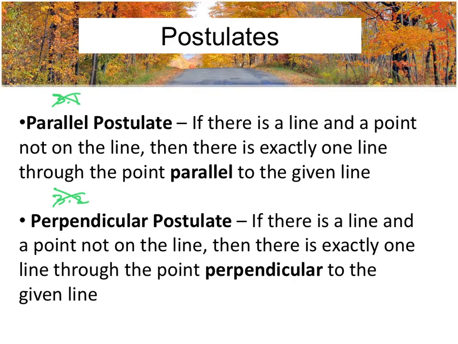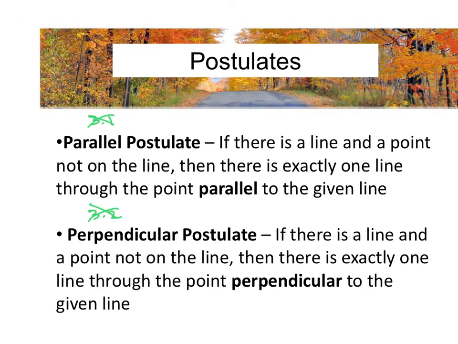Perpendicular postulate states if there is a line and a point not on the line, then there is exactly one line through the point perpendicular to the given line. To demonstrate this, let's say we have a line, a different color here.